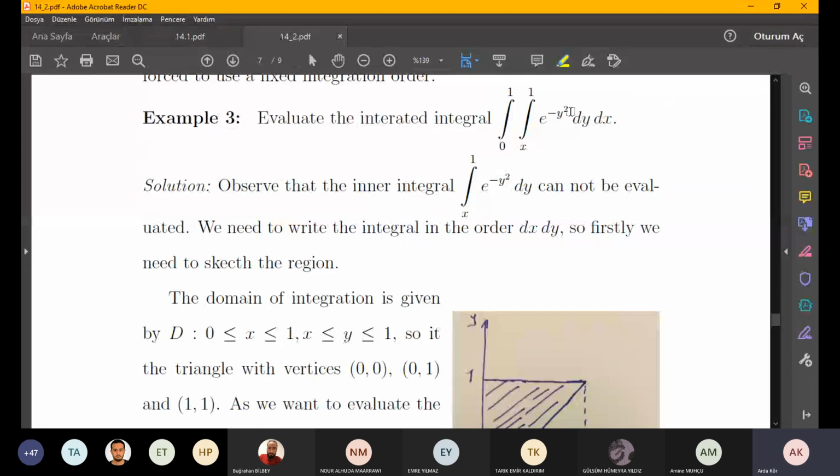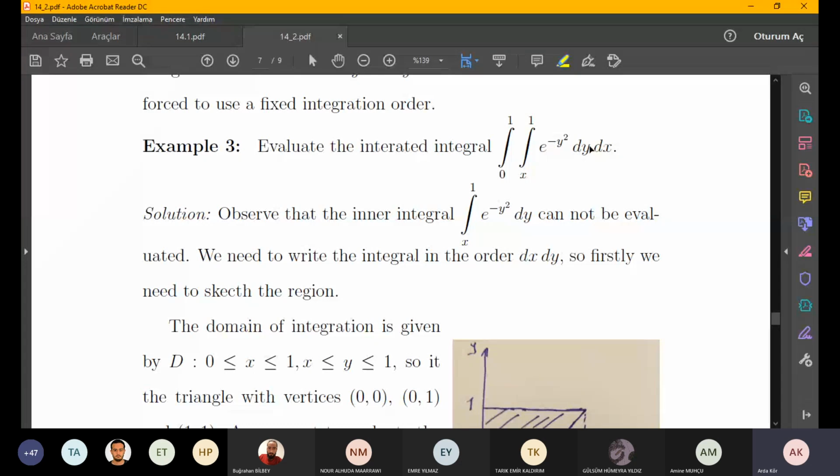So we try to integrate f(x,y), which is equal to e to the minus y squared. And the region here, we can just sketch it from here. The boundaries of y are from y equals x to y equals 1.